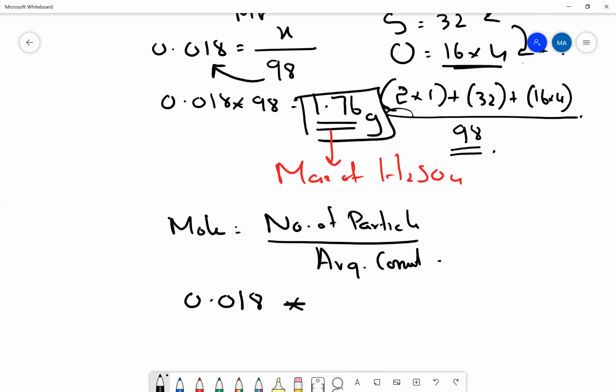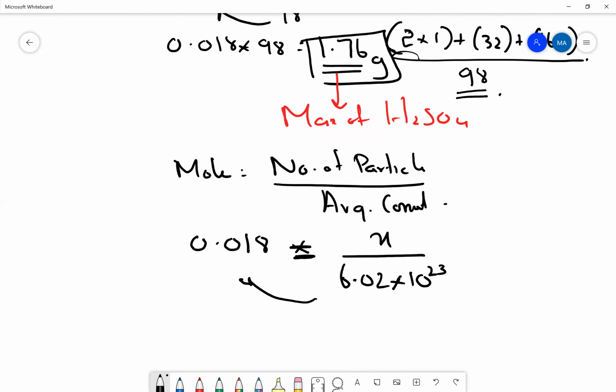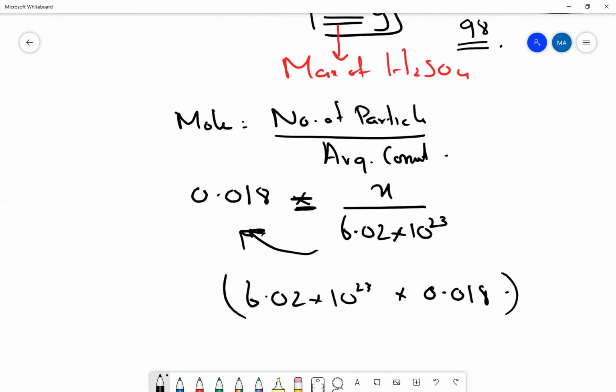You can write X for the number of particles. Avogadro's constant is 6.02 times 10 raised to the power of 23. Cross multiply and use a calculator: 6.02 times 10 raised to the power of 23 multiplied by 0.018. You're going to get the answer.